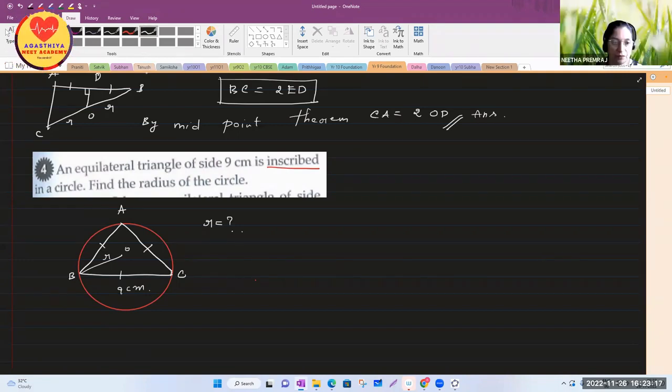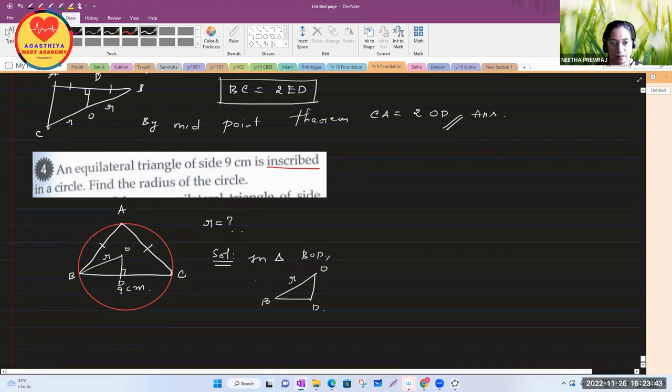Again, what should you do? From center, you draw a perpendicular line. It bisects. I name this as D. I take the triangle, part of the triangle. In triangle BOD, this is R and this is D. Okay.